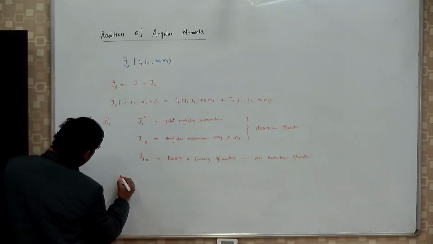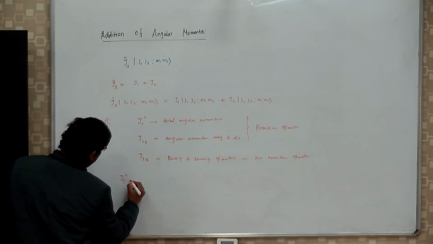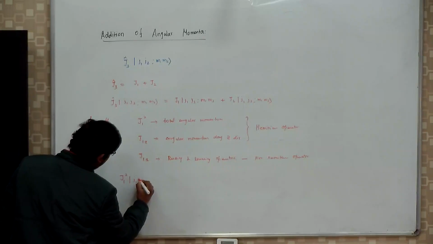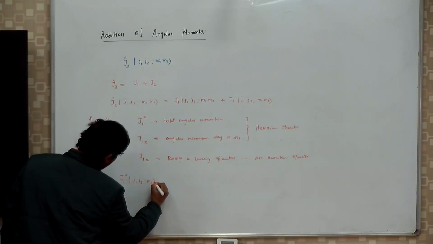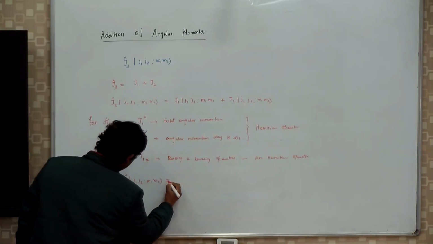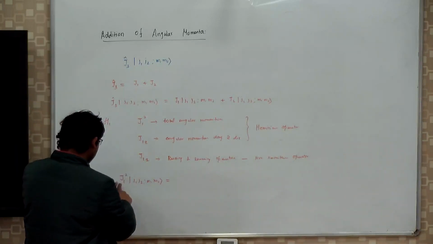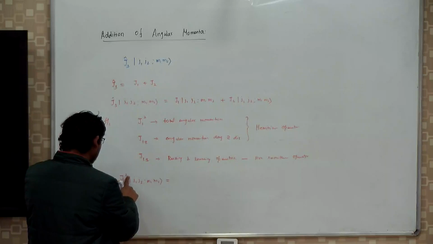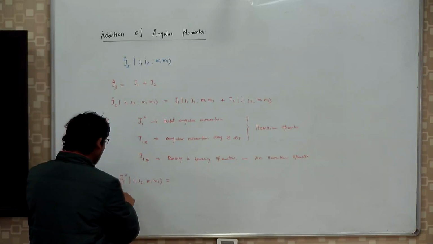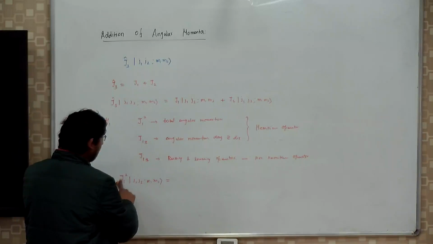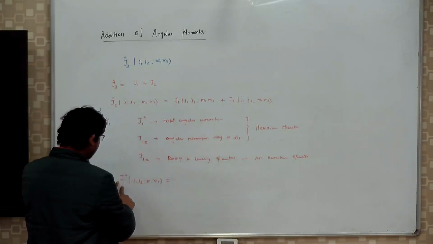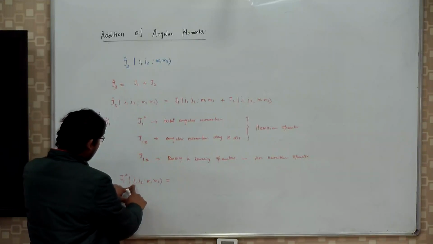For example, J1 square acts on |J1, J2, M1, M2>. This system J1 is associated with the Hilbert subspace H1, so this total angular momentum J1 square only plays with the quantum number J1 in the state vector.